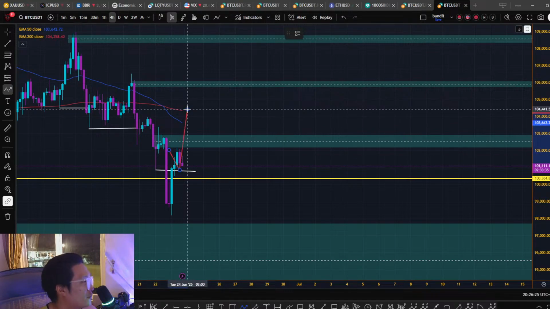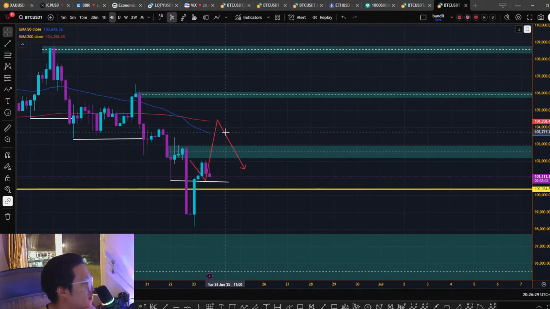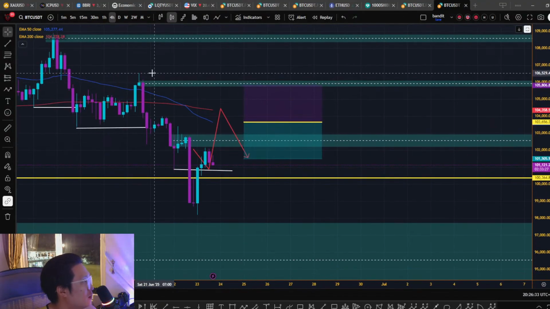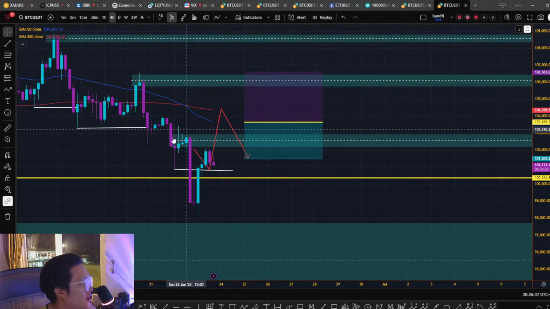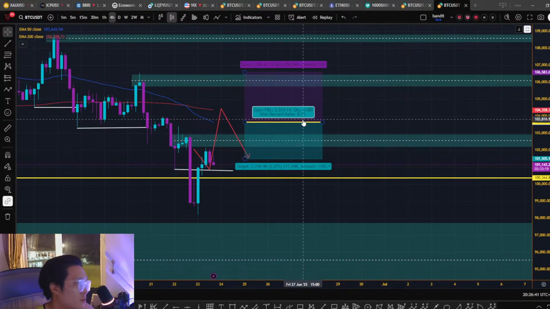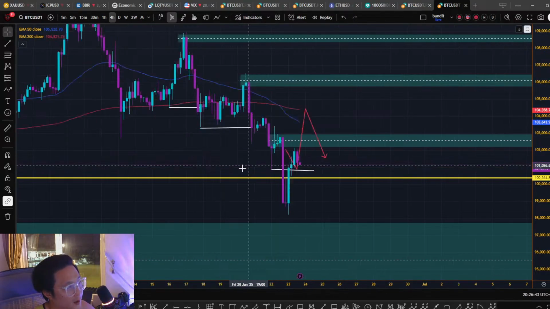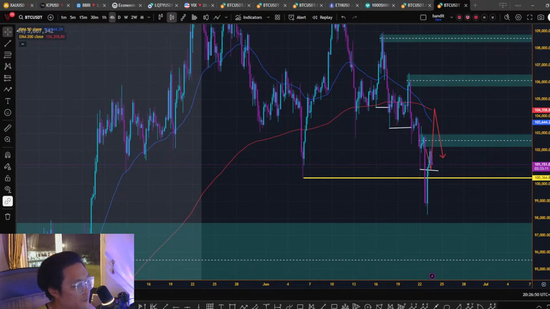And if we can get rejection, yeah, I'm going to short from here and put my stop loss above this candle. Okay? Simple. But right now, just wait and see what happens on the Sydney market or the Tokyo morning tomorrow. But for today, this is the end.